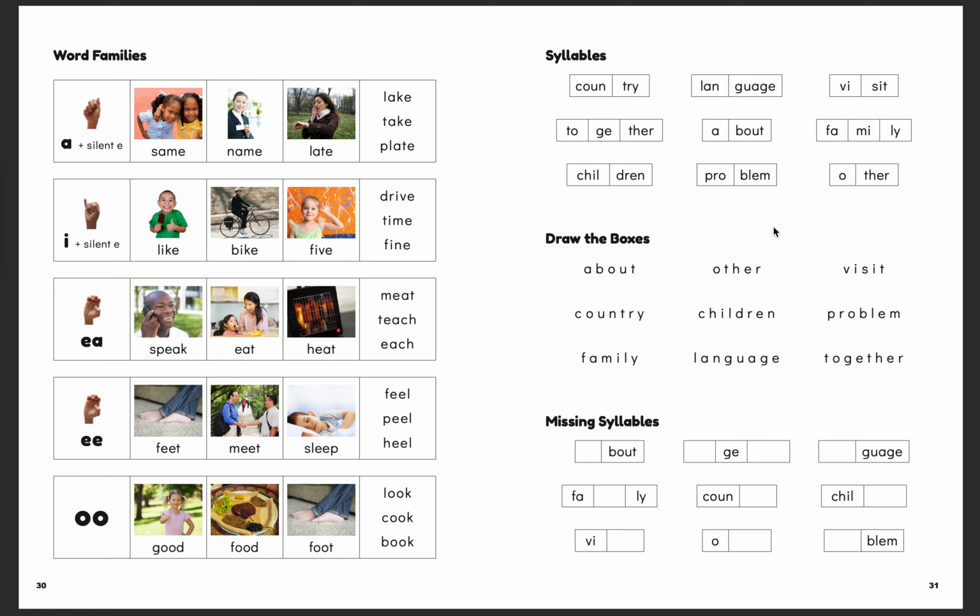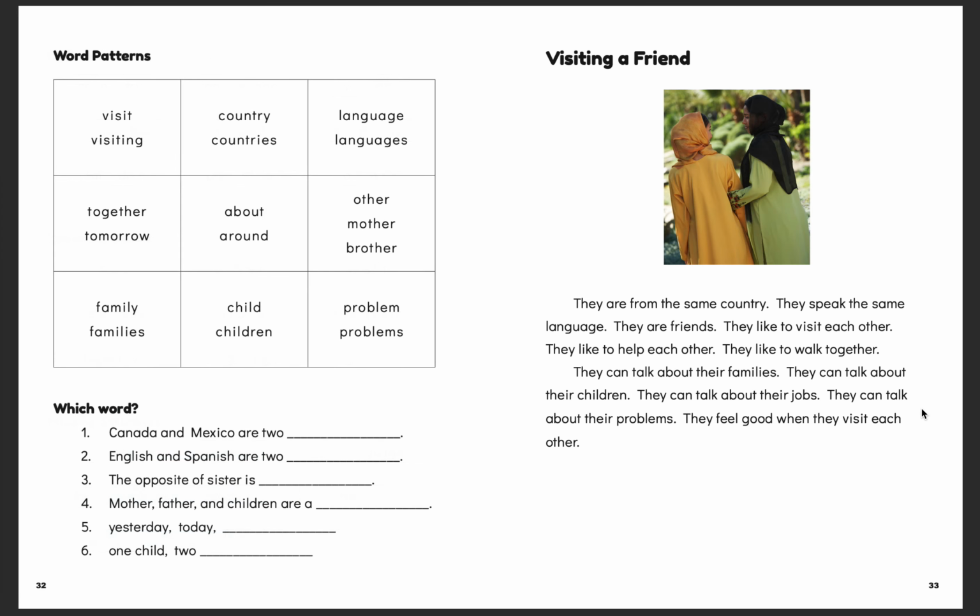They can draw the boxes around the words to try to find the syllables by sounding out each word. And then they can do adding the missing letters for each syllable if you want. They can do word patterns after that.